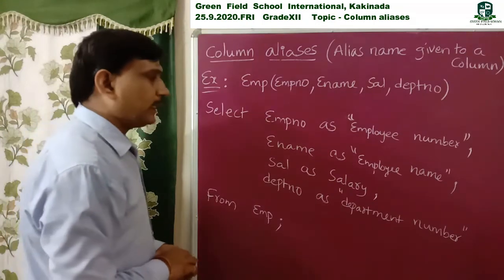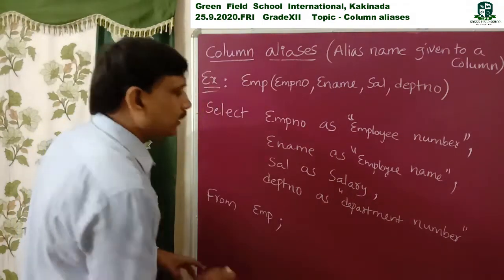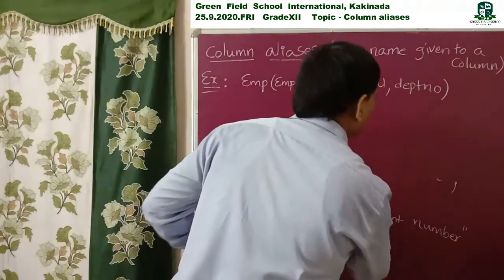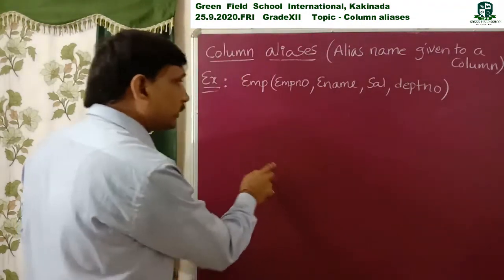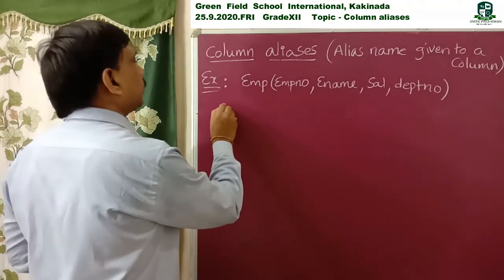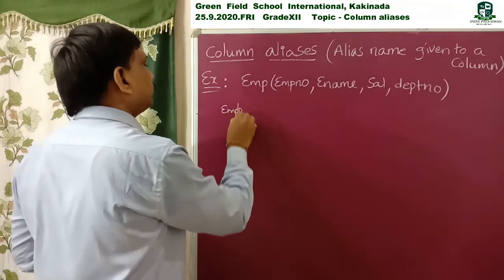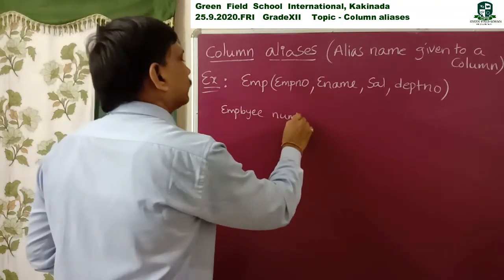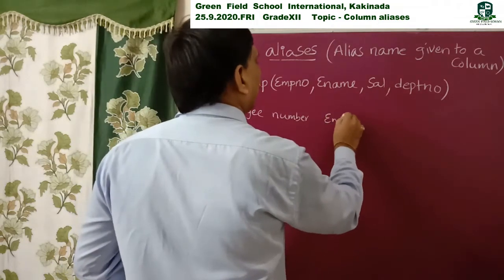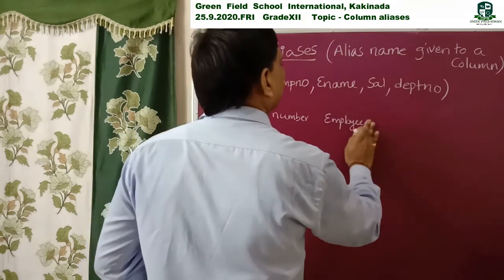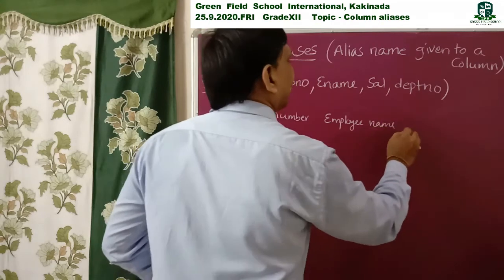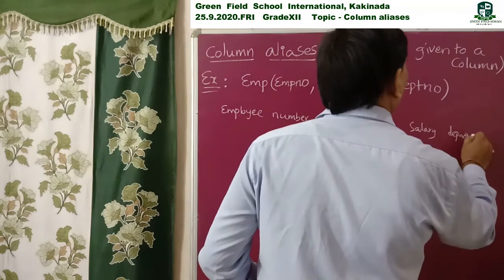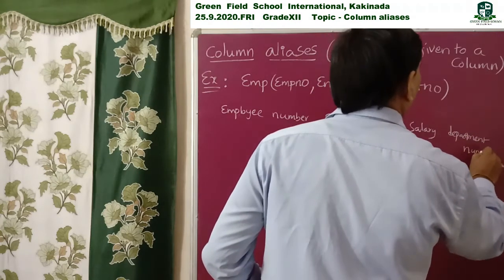Okay, this displays the following output. So that is the output here. When we execute this command, it displays employee number, employee name, salary, department number.